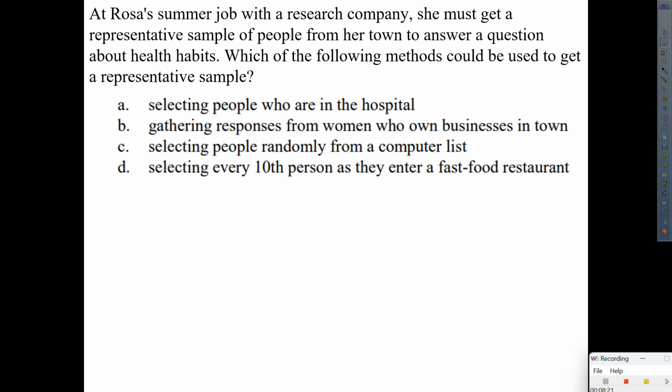Which would be the most logical method of collecting the data? Then we'll have Mia answer.